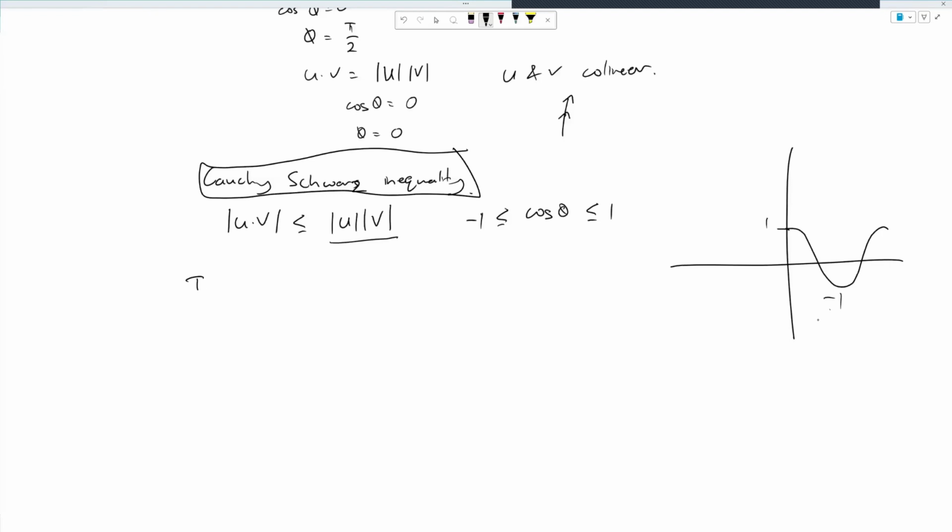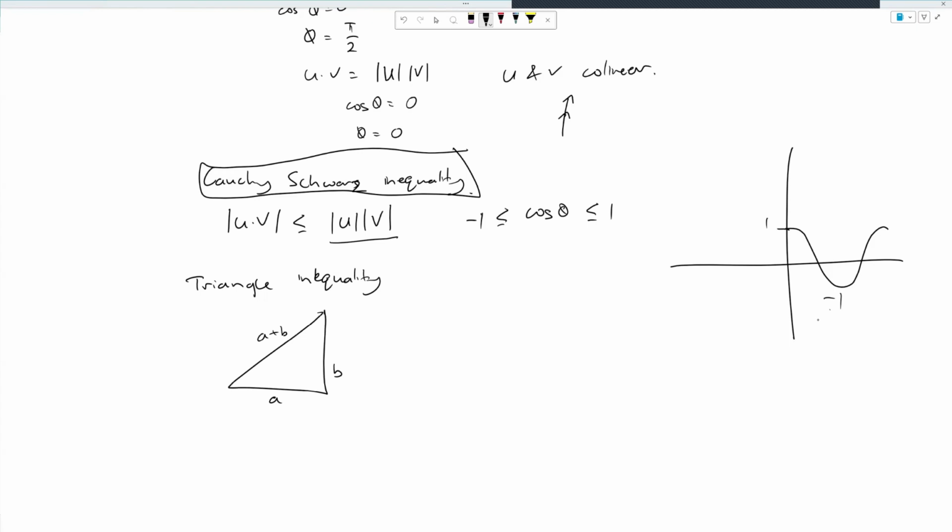For example, the triangle inequality. The triangle inequality essentially states that the sum of two sides, A and B, is always going to be bigger than this side over here.